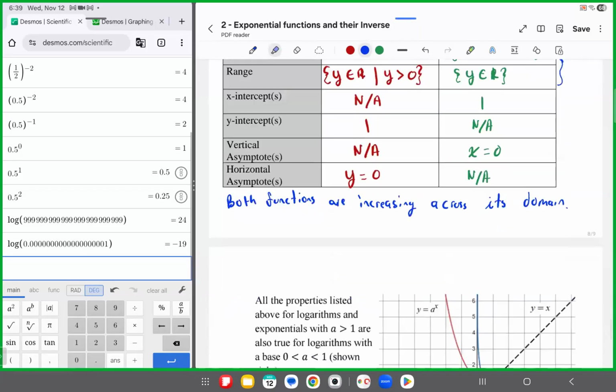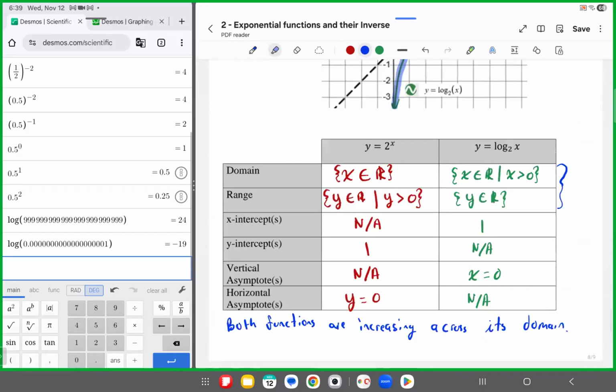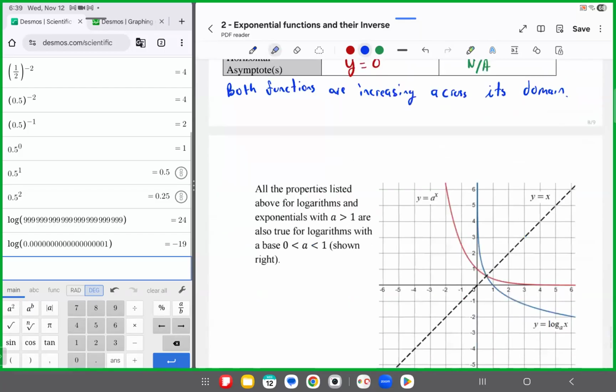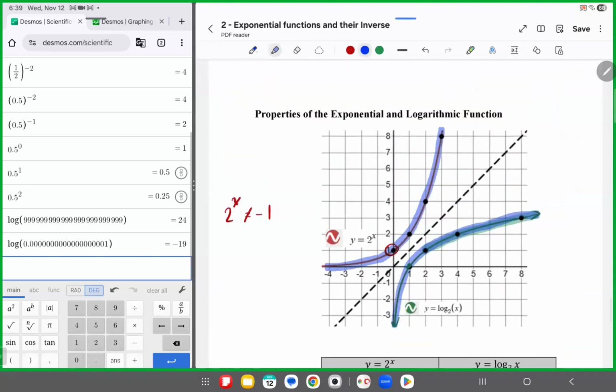Okay. And so all the properties that I listed above are true for the case where the base of the logarithm or the exponential is greater than 1. So for this graph, the generic case of what this function would look like is y is equal to a to the power of x with the condition that a is greater than 1.